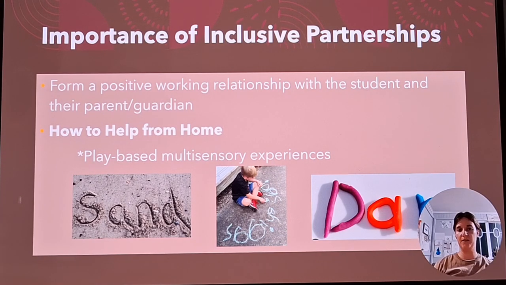Those writing activities could be practicing writing letters or pictures in sand using their fingers or a stick, using different sized pieces of chalk to write their letters, or again, a picture, or even using Play-Doh as a way to build the letters, because that builds their knowledge about the letter, but also will help develop their fine motor skills and muscles in their hands.